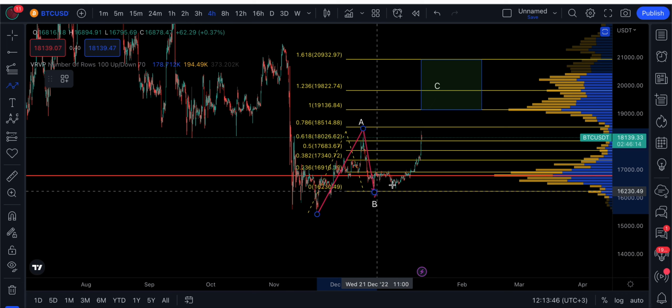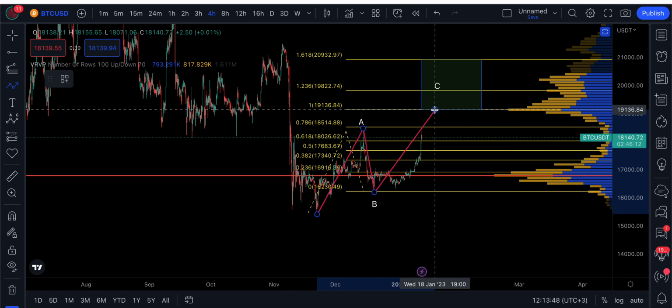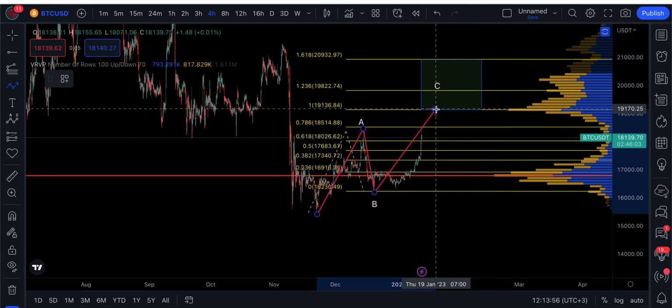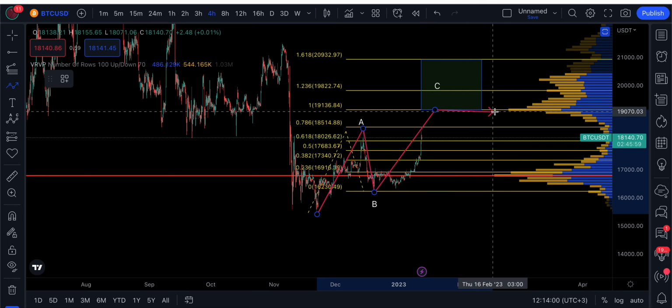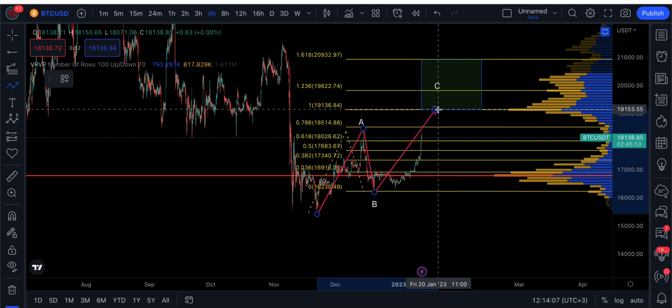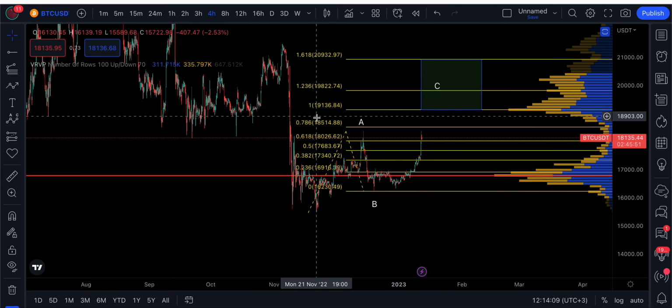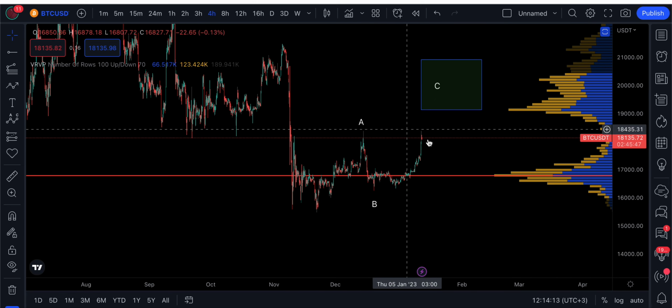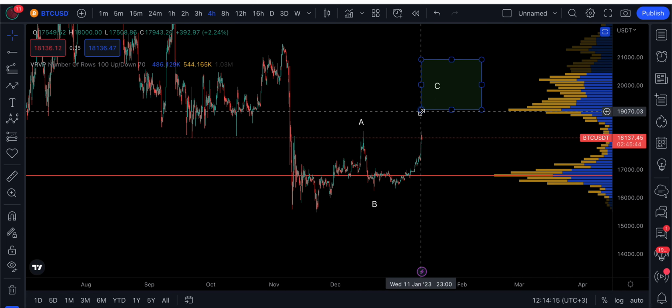So from here to this level, which is our first target. Price may extend to the 20,000, but let's not get ahead of ourselves. Let's at least focus on the first target, and we'll see how price reacts to this level. It nicely coincides with the node that we have on the volume profile. Let's remove that. This is the area of interest, the lower bound.